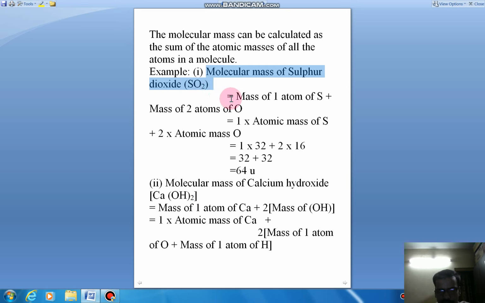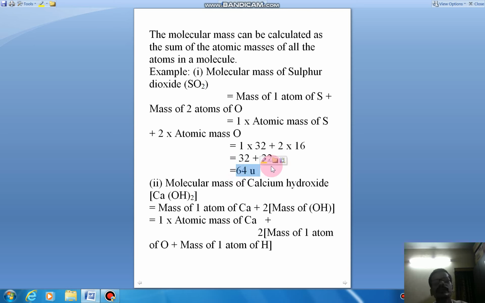So how can we write the process? Mass of one atom of sulfur plus mass of two atoms of oxygen equals 1 into atomic mass of sulfur plus 2 into atomic mass of oxygen. So 1 into 32, the atomic mass of sulfur, plus 2 into 16, the atomic mass of oxygen. So 32 plus 32 becomes 64 U.